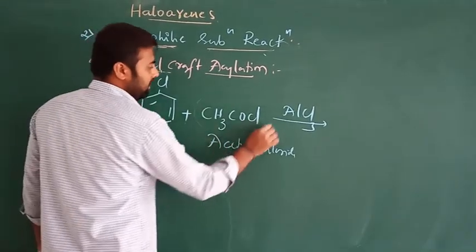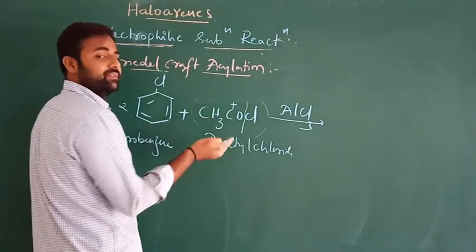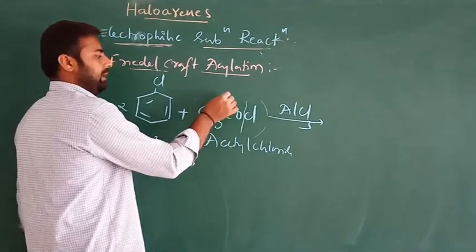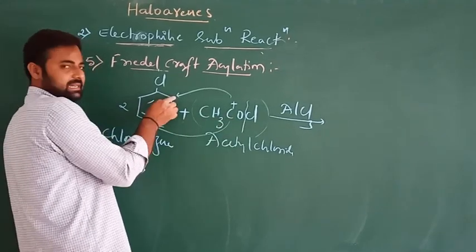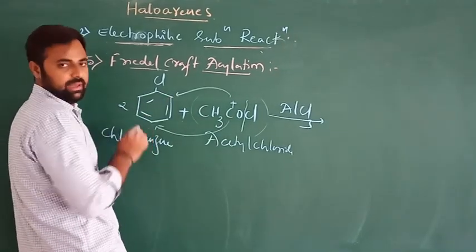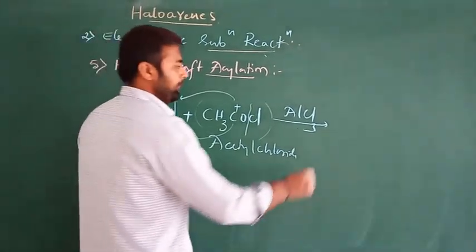From this molecule we get the CH3CO cation, which acts as an electrophile. It attacks the benzene ring of this halobenzene at the ortho and para positions and gives ortho and para substituted products.